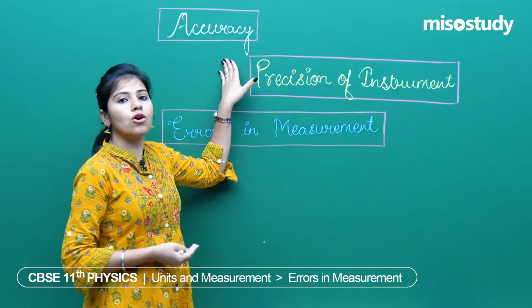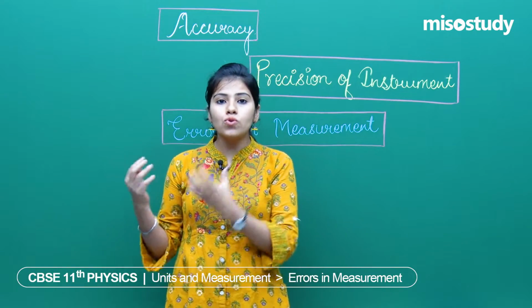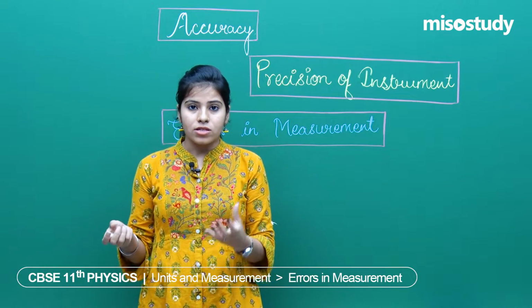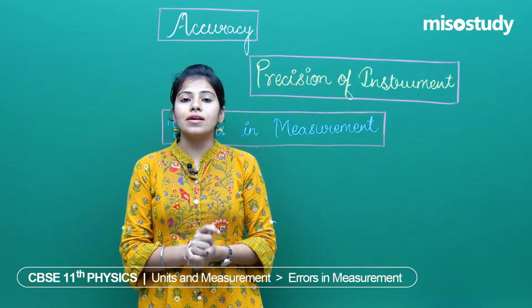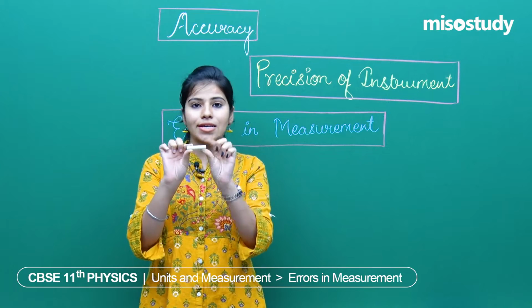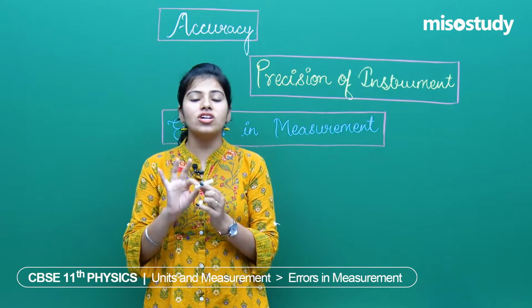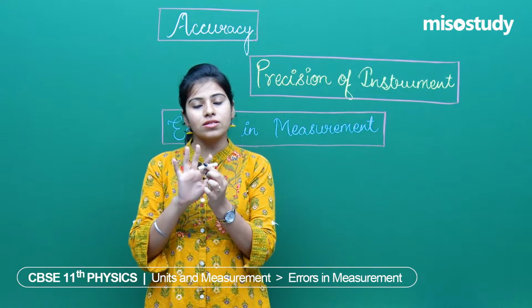First of all, if I talk about accuracy, you have some true value with you. Suppose I say that my measurement of this chalk is 3.678 centimeter. Just a crude value I am giving you, this is the true value.